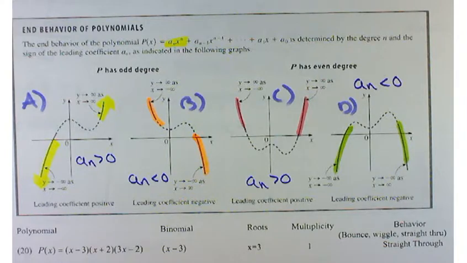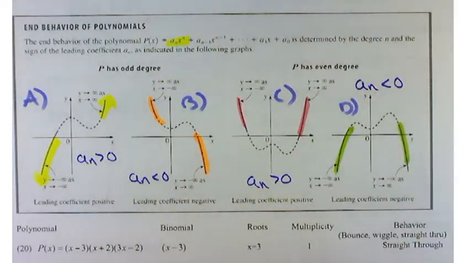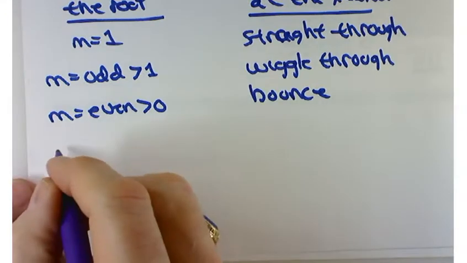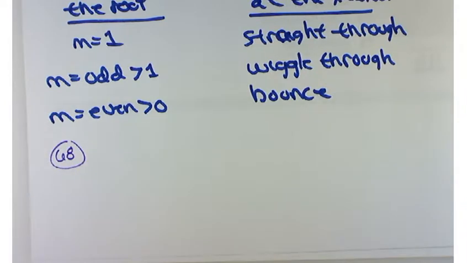And we'll start by looking at problem number 68. So hang on to that and do a quick look at problem number 68. Problem 68 exhibits some of these end behaviors.